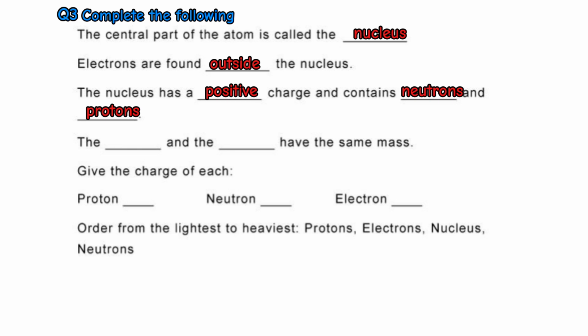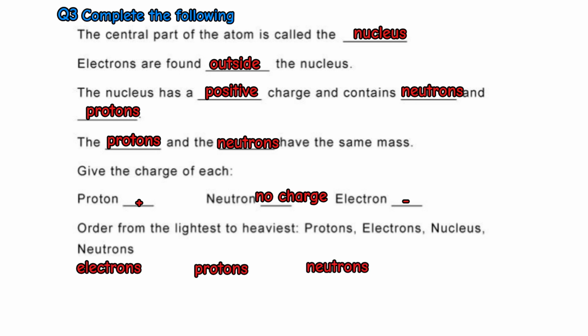The protons and the neutrons have the same mass. Proton has a positive charge. Neutron has no charge. Electron has negative charge. Order from the lightest to heaviest: the lightest is electrons, then protons, then neutrons, then nucleus is the heaviest.